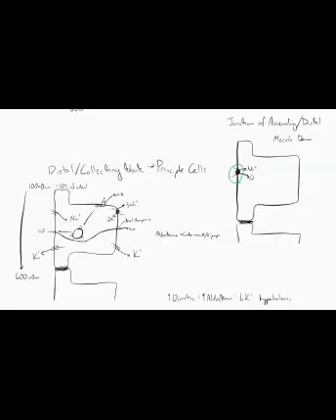Now a little bit about the collecting duct and hormonal regulation. With the collecting duct, this is where the body will fine-tune the urine concentration. ADH, which is vasopressin, will bind to the V2 receptors, which will trigger the aquaporin-2 insertion, which allows water to come in, or if it doesn't activate, it will keep water out.